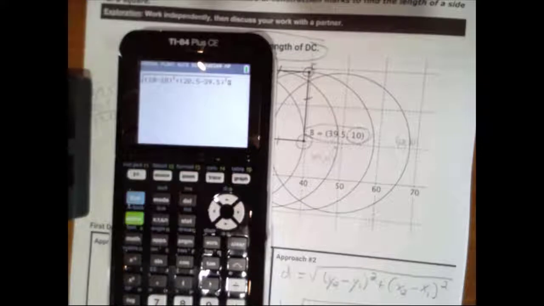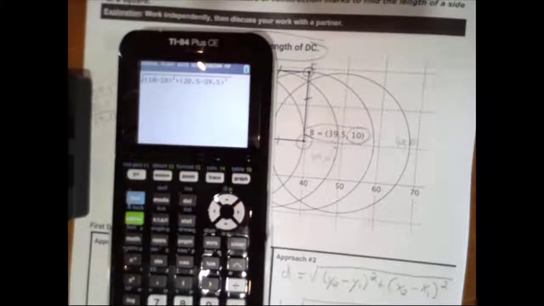Without the parentheses, this will not work. The calculator will not know which part you want done first, and it will give you a different answer. So parentheses, 10 minus 10, close parentheses, squared, plus parentheses 20.5 minus 39.5, close parentheses, squared.